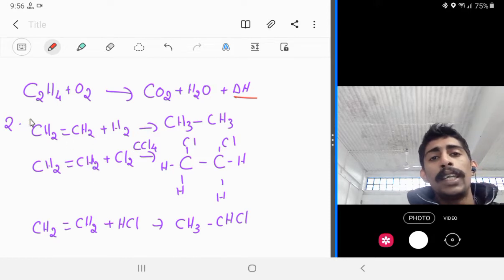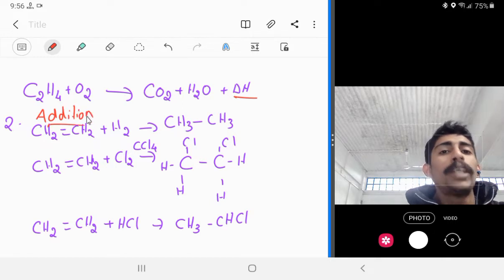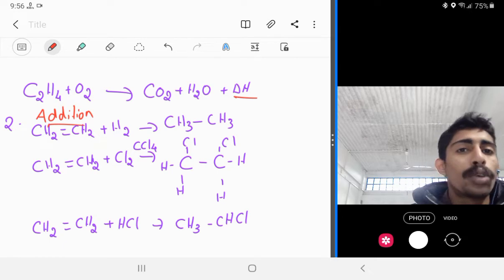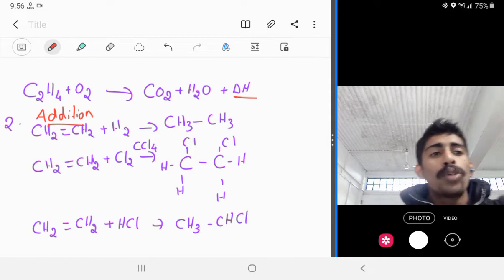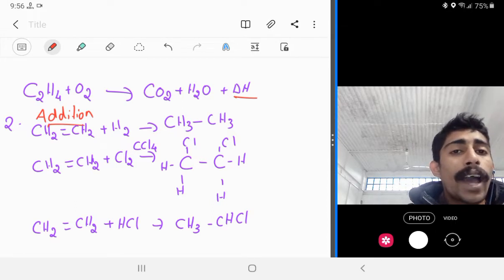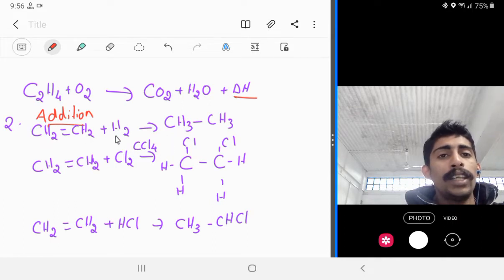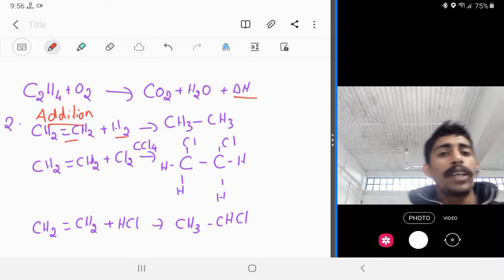Then the next one is the addition reaction. That's very important. In the case of alkanes, the single bond compounds, we studied that only substitution is possible, because those compounds are saturated. But alkenes and alkynes are unsaturated, which means we can add elements to them. For example, when ethene reacts with hydrogen, there is no substitution.